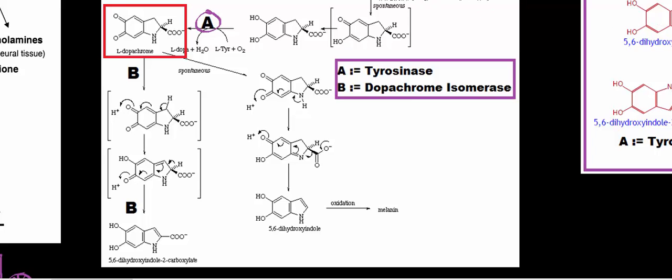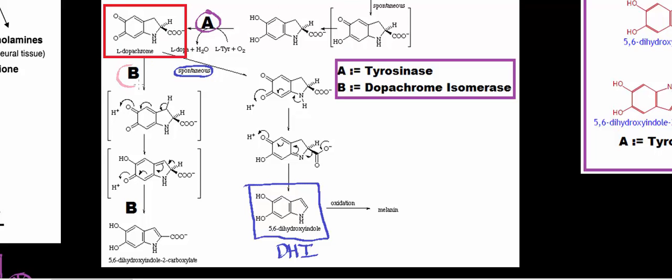And so basically what this picture shows is that you can take a spontaneous route, meaning a non-enzymatic route. So this route going to the right here is non-enzymatic, and you can end up forming this molecule called 5,6-dihydroxyindole, which is also abbreviated DHI. Okay? Also, notice B stands for dopachrome tautomerase. So let me do that in pink.